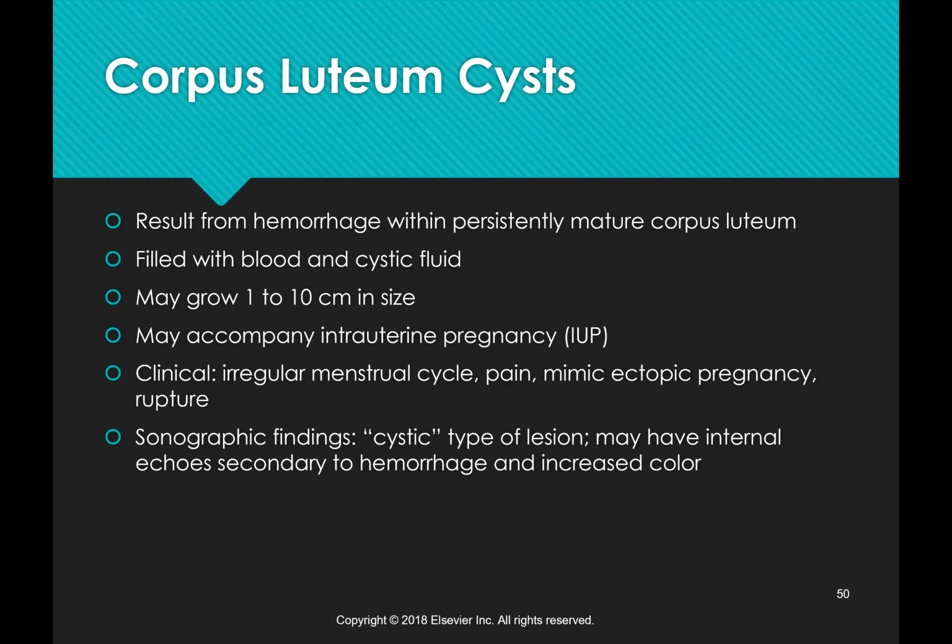Sono findings: cystic type of lesion may have internal echoes secondary to hemorrhage or increased color. So when a patient gets pregnant, sometimes they can get these cysts. And so we would want to note that and make sure that that goes away.